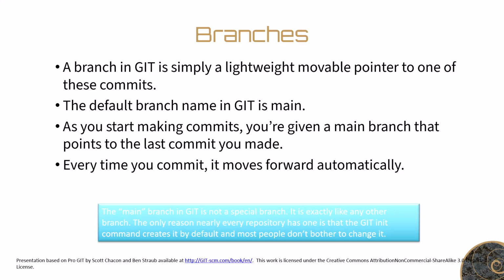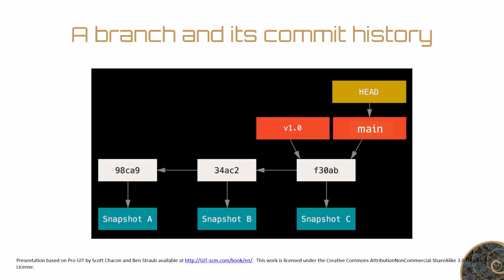So a branch in Git is simply a pointer that points to one of the commits. The default branch name in Git is main. When we created our project, we saw that it was named main. As you start making more commits, your main branch will keep pointing to the last commit. Every time you commit, your current branch moves forward, so it's always pointing at the last commit.